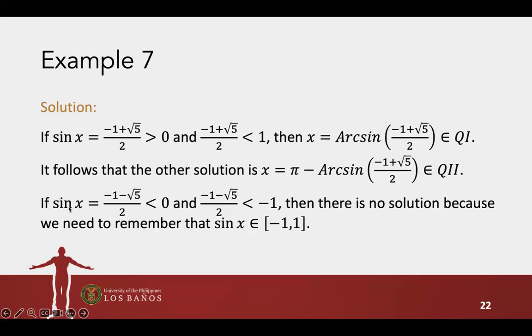So because negative 1 minus square root of 5 all over 2 is less than negative 1, this value is an impossible value for sine. So therefore, there is no solution for x in this second possible value. All right?